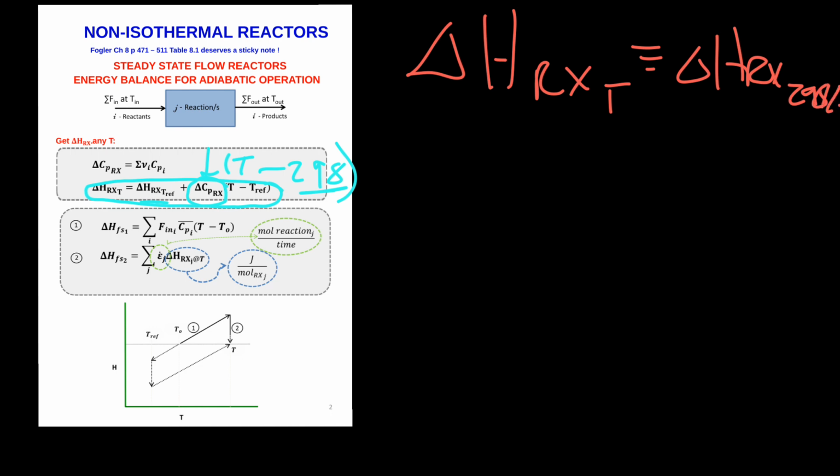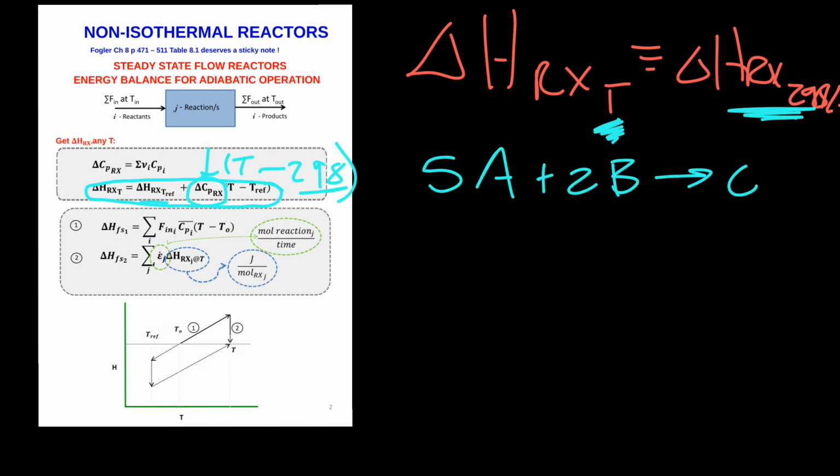And the equation we are going to use is del H reaction at any T is equal to whatever you have at the reference temperature plus the del Cp of the reaction multiplied by whatever the temperature is that you are interested in calculating your del H reaction at, minus that reference temperature, which in our case will be 298 Kelvin. So this del Cp reaction tells us by how much the heat capacity will change due to the change in bonds in that reaction.